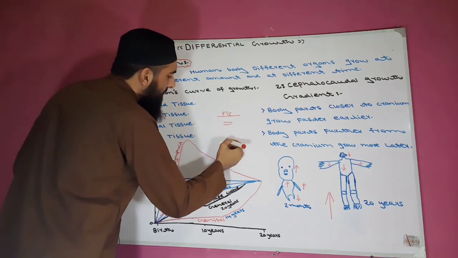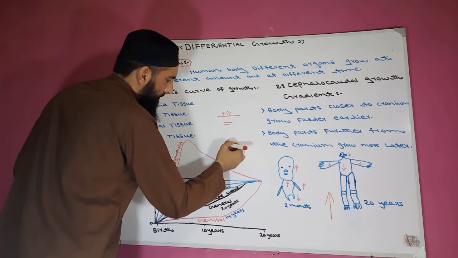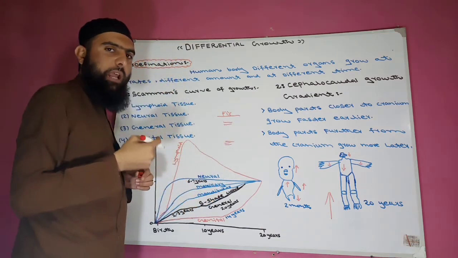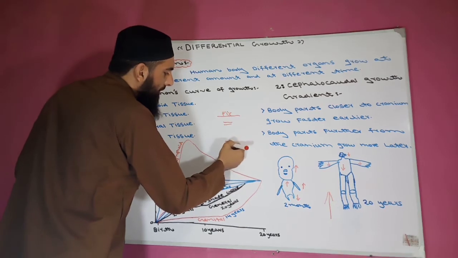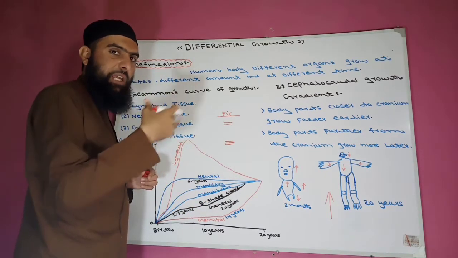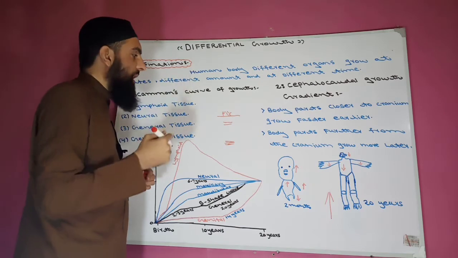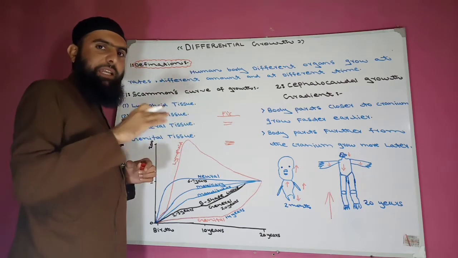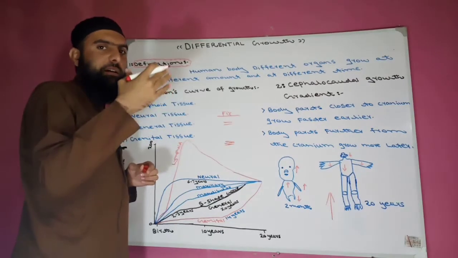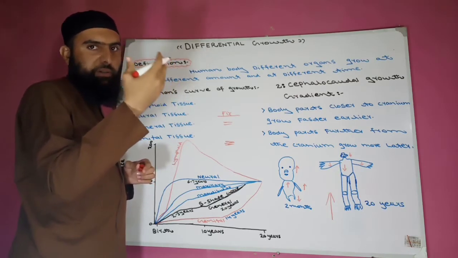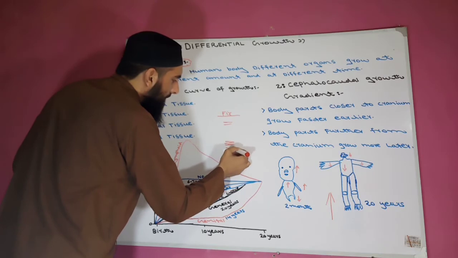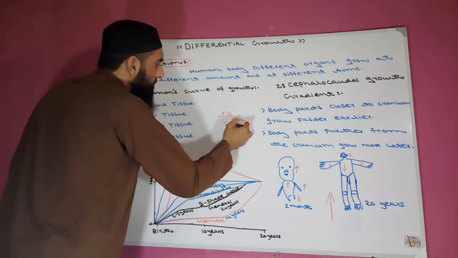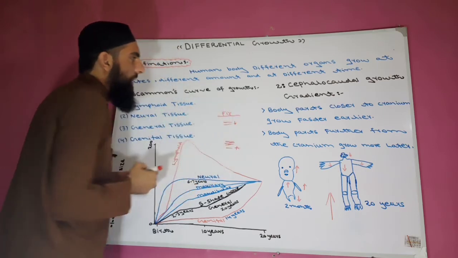And the body parts which are away from the cranium grow very slowly in the initial age of children. But in late age of children, like 10 years, 15 years, 20 years, the structures away from the cranium grow more rapidly, and the structures near to the cranium grow very slowly.